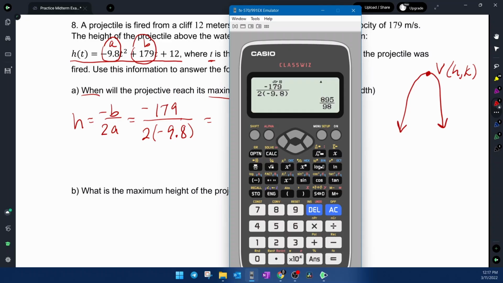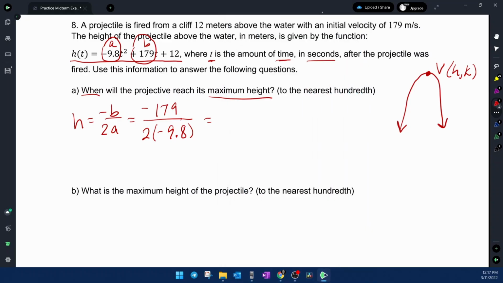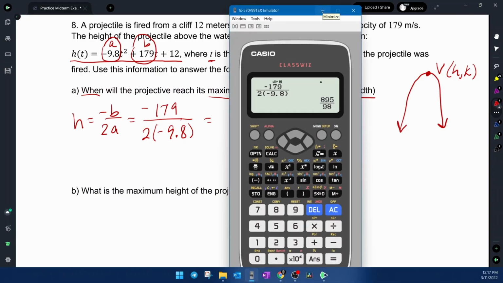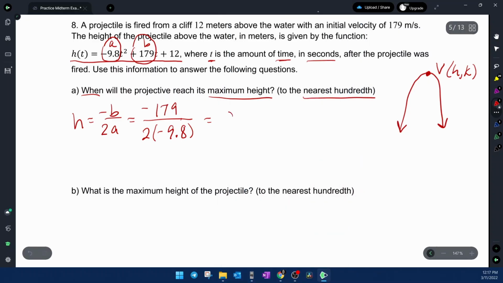And I believe it wants that rounded to the nearest hundredth, which is 2 decimal places. And so we need to hit the SD button. That would be 9.13. 9.13 seconds after the projectile is fired, it will be at its maximum height.